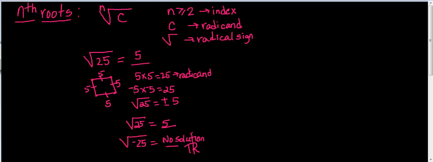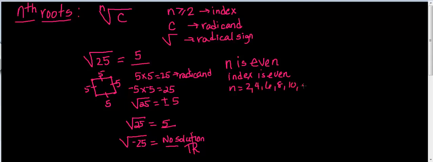So from this example, whenever n is even, that means whenever my index is even, which means whenever n is equal to 2, 4, 6, 8, 10, etc., an even number, whenever this index here is an even number, I'm going to have this problem.